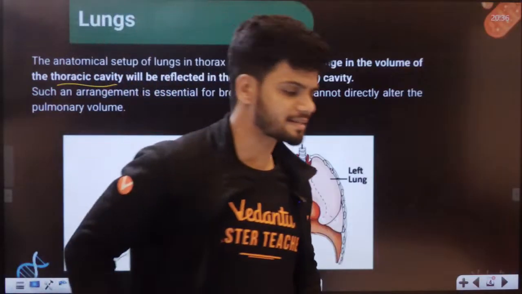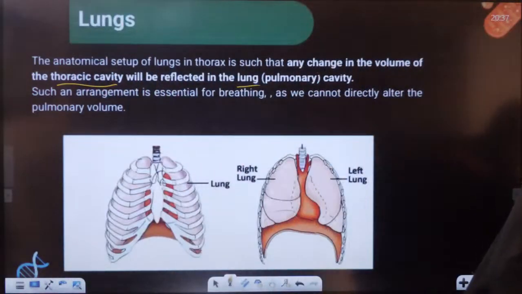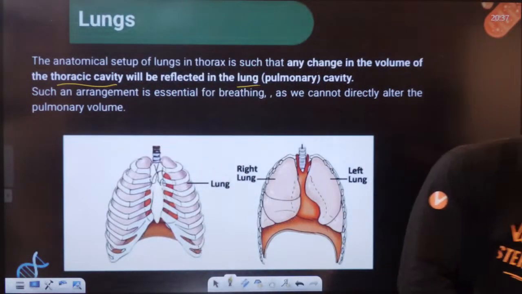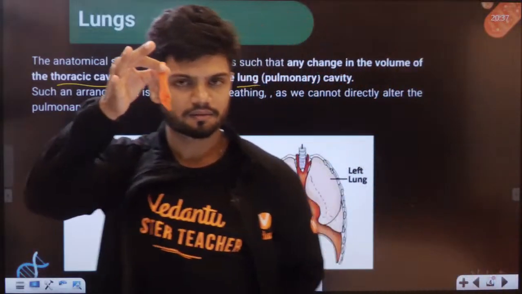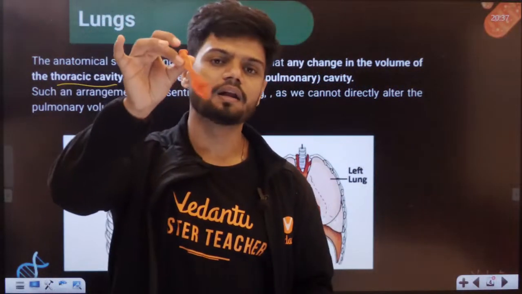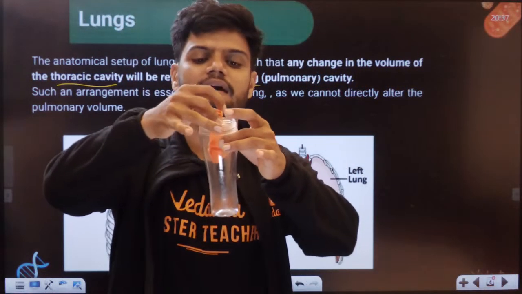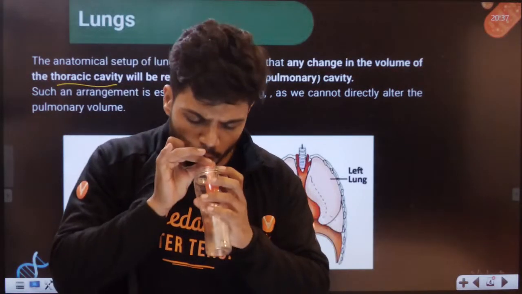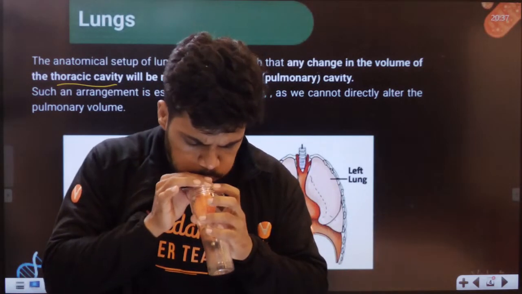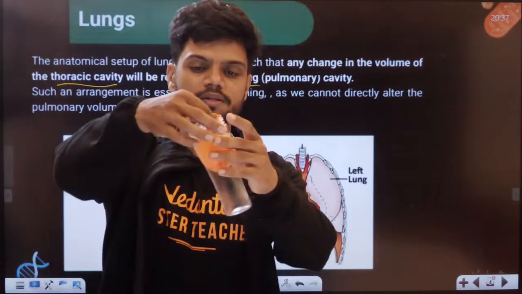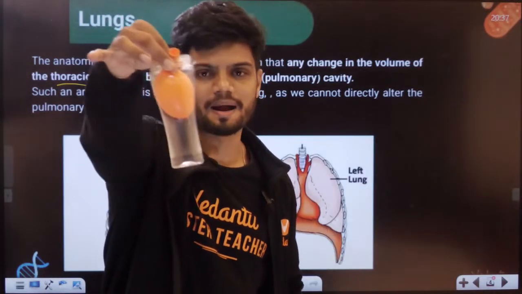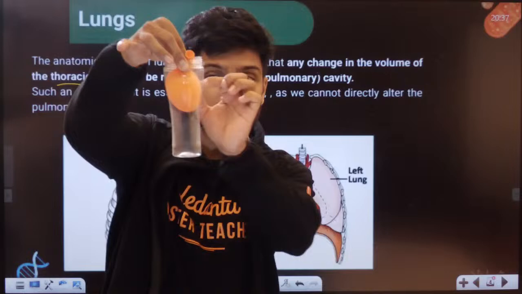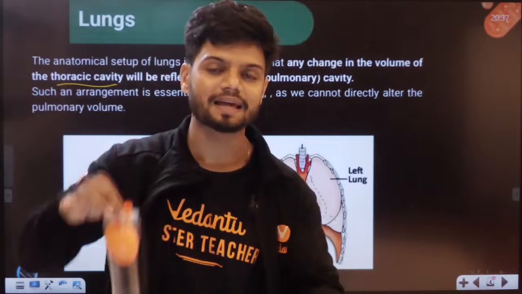I'll give you a quick example, students, बहुत ही simple example है. ये है हमारा lungs. Now, this entire lungs is present in the thoracic cavity like this. Let's say this is the thoracic cavity. Can you see, students? This much lungs can expand right now in the thoracic cavity.